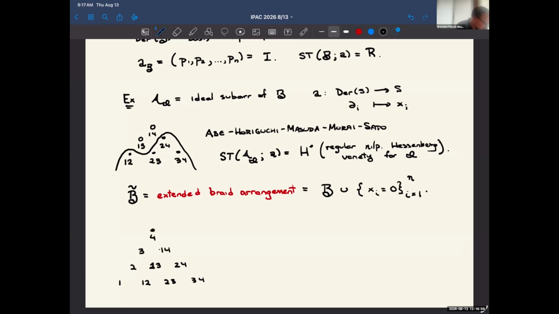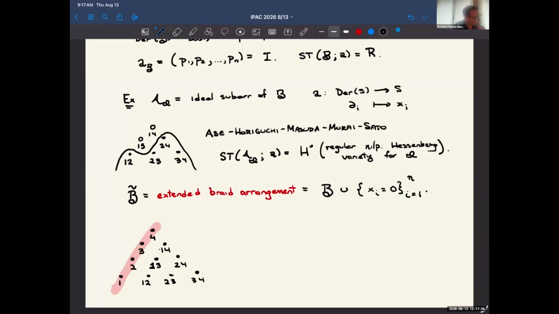So we're essentially putting these new coordinate hyperplanes along this diagonal up here. So you can think about this too as the braid arrangement one up. You would have a kind of mythical 0th coordinate, but you've set the 0th coordinate to 0, essentially.